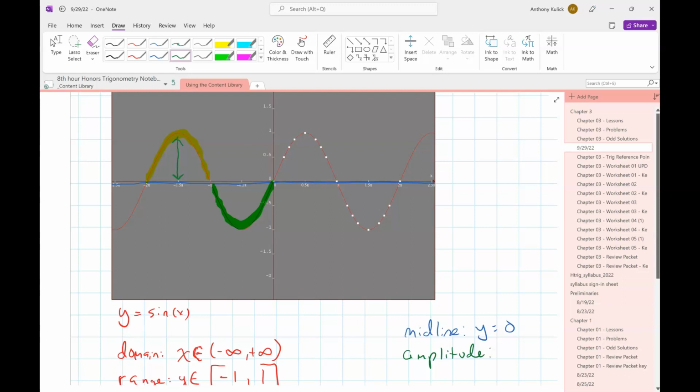How far is that? That's 1 unit. What's another way you could describe the amplitude? You could say half the distance from a max and a min, the lower bound and upper bound. So again, the lower bound's at -1, the upper bound's at +1. Half of that distance is still 1. It's this different way of saying the same thing. Either is okay.